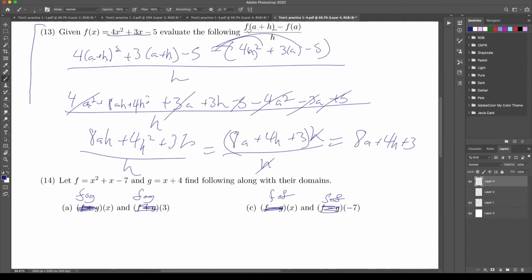And so here I'm just plugging this in. Here I'll have minus f of a, and so here will be a squared plus 3a minus 5. Here, (a plus h) squared. Remember, (a plus h) squared is equal to a squared plus 2ah plus h squared. This should be FOIL it, correct?